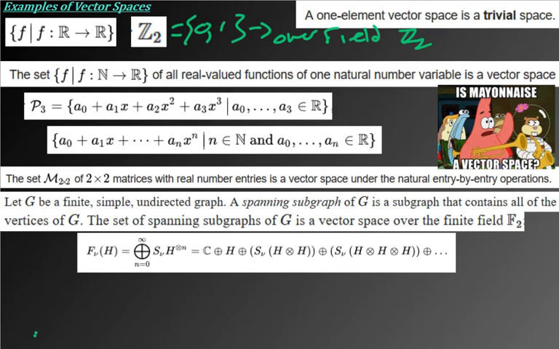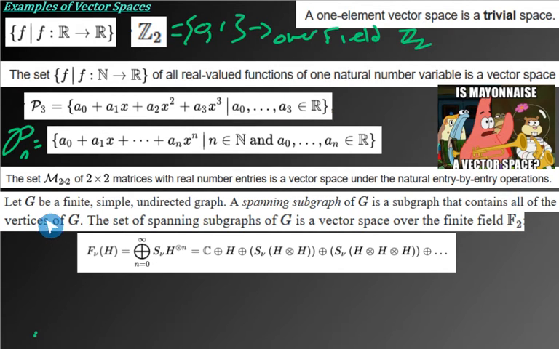That is a vector space. You can generalize this one to script P sub n, and it's just the nth order polynomials. And so n is natural numbers, right? You go like 0, 1, 2, 3, all the way up to n. But then the coefficients can be real numbers. Those polynomials, also a vector space.